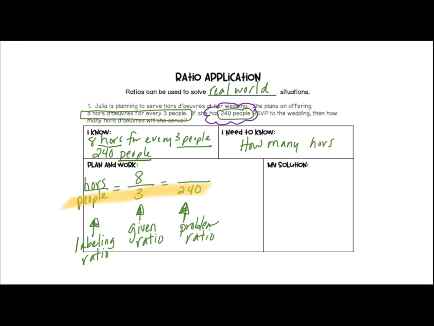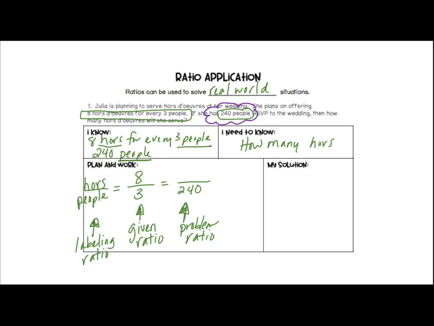You can't just put these numbers wherever you want, because once you have them all willy-nilly within your work, you're going to make a mistake. So the people information stays at the bottom. The hors d'oeuvres information is going to stay along the numerator, along the top, and that's going to keep me organized to make sure that I don't make a silly mistake.